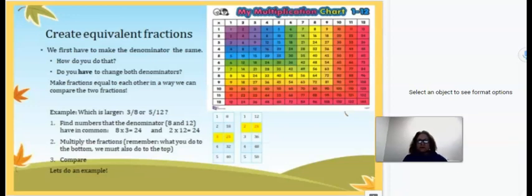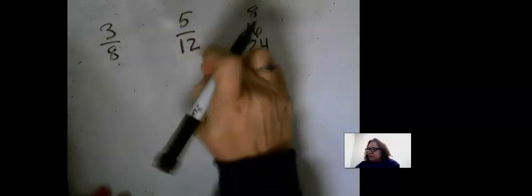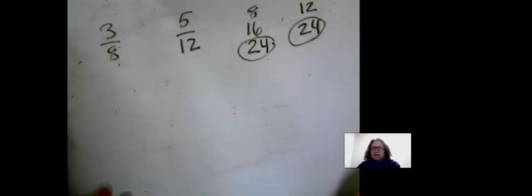So for instance, if I'm comparing 3/8 and 5/12, I would list my multiples of 8: 8, 16, 24. I would list my multiples of 12: 12, 24. Oh, I have a common multiple or common denominator.